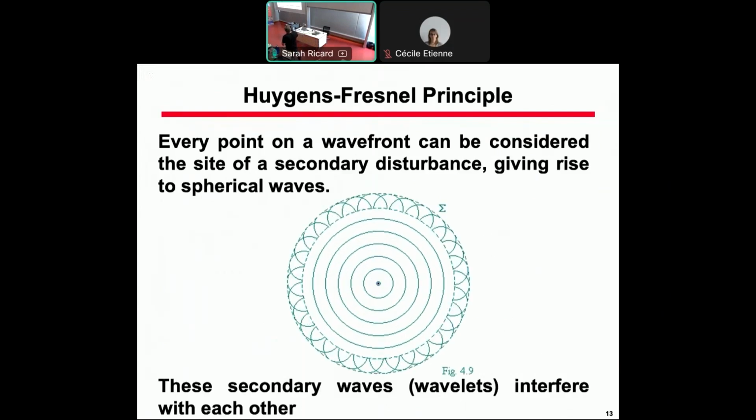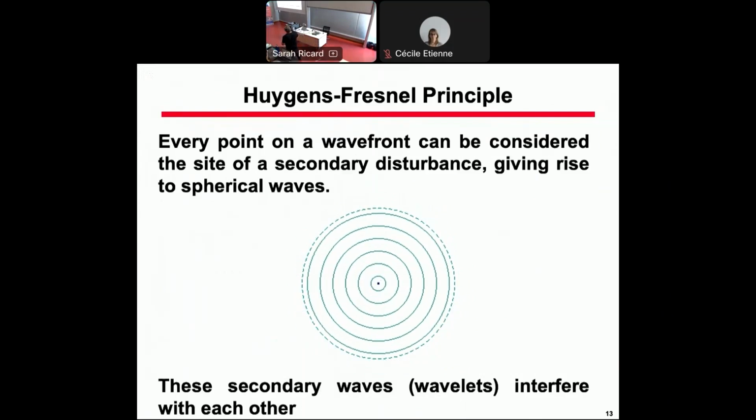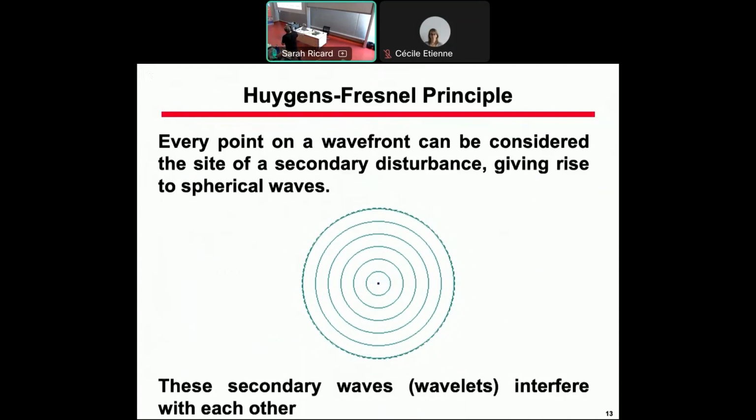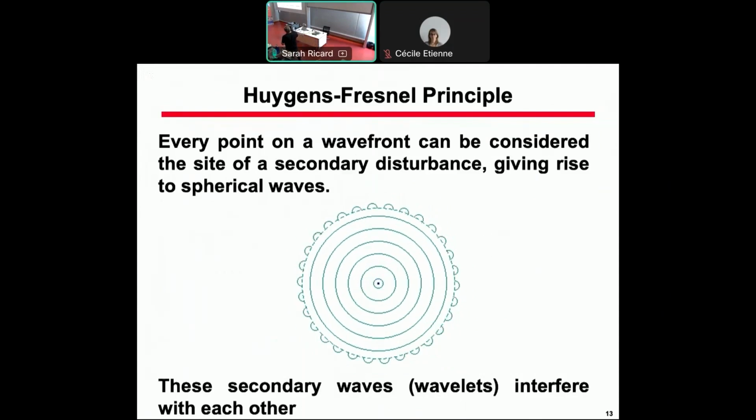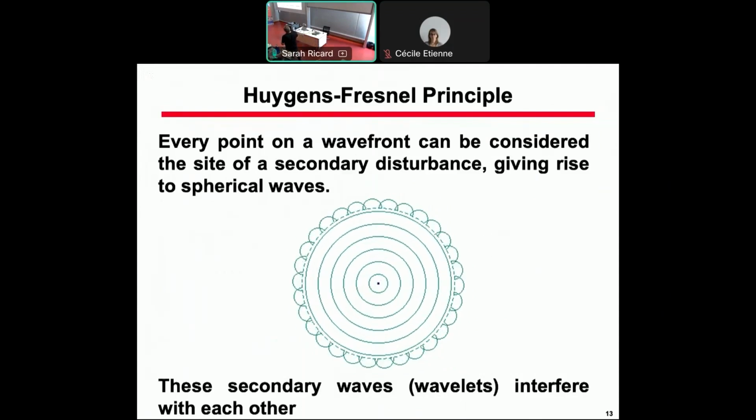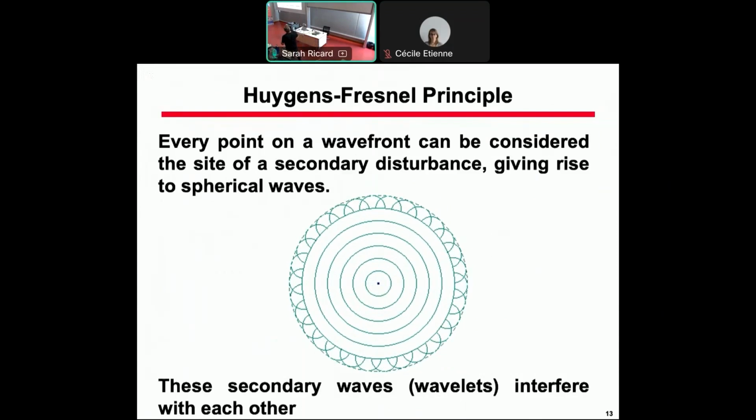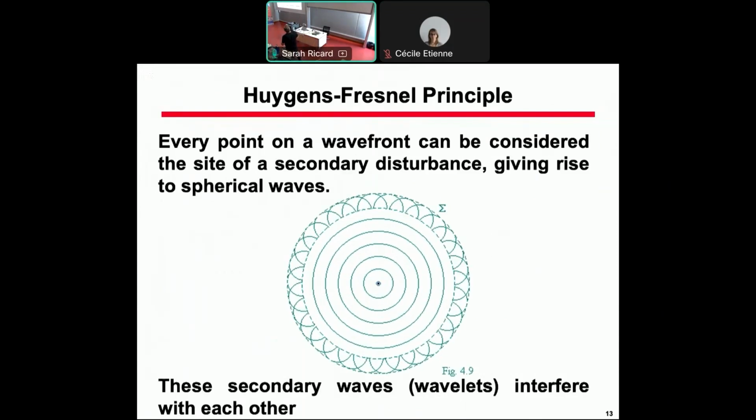Each point of a hypothetical mathematical surface is the seat of a secondary disturbance, giving rise to spherical waves, and the envelope constitutes the next wavefront.